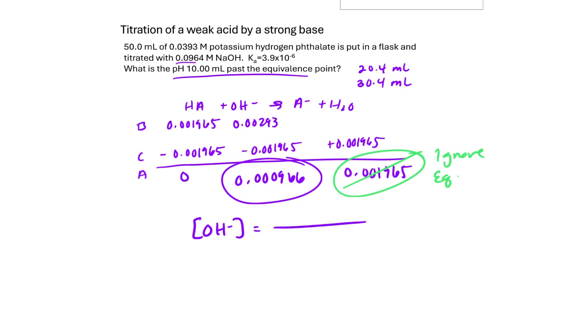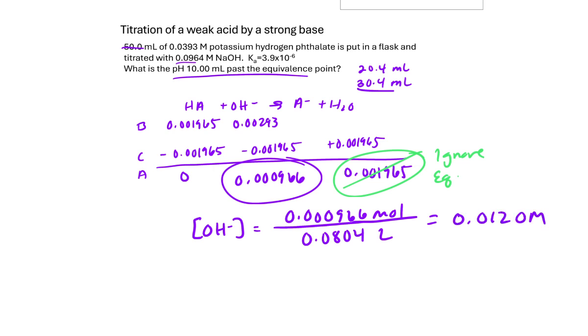We take our moles, 0.000966 moles, divided by the total volume. Again, we have our 50 mL of start, our 30.4 mL of base that we're adding, 0.0804 liters. We get 0.0120 moles per liter.